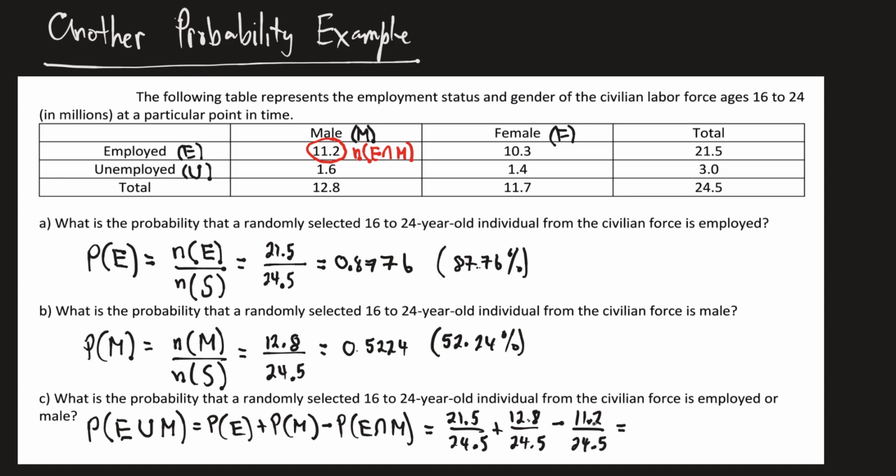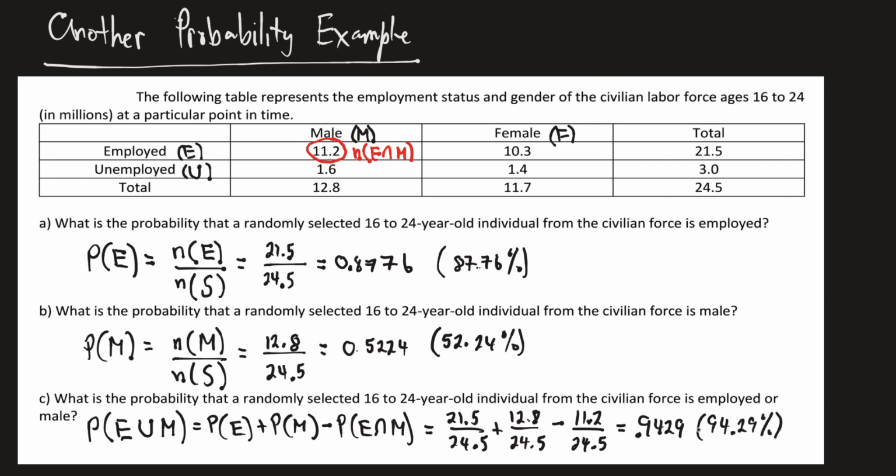And so when you compute this, you're going to get a pretty high percentage. What's that? 0.9429. So, almost 95%, or I guess really just over 94%. So 94.29%.